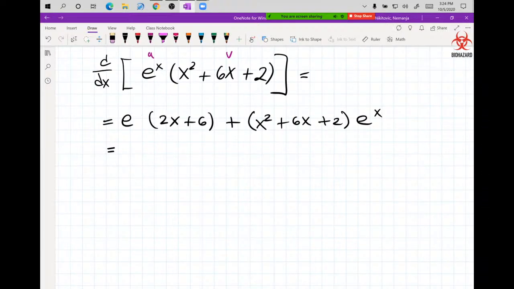Why is this e to the u? E to the x. There you go. So we see that both of these terms have e to the x. So we can factor that out. And in parentheses, we have x squared, 6 and 2 is 8, plus 8x. 6 plus 2 is another 8.